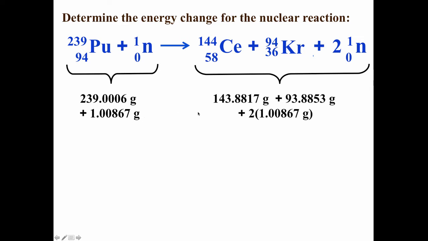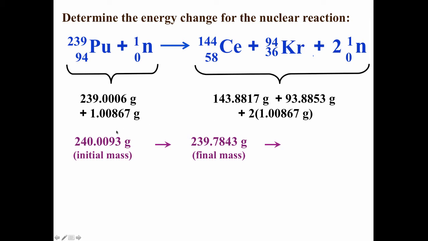And then the cerium, the krypton, and the neutron, we can also add up their total masses, and what we get is 240.0093 grams. This is per 1 mole of plutonium and 1 mole of neutrons, makes 239.7843 grams for 1 mole of cerium, 1 mole of krypton, and 2 moles of neutrons.